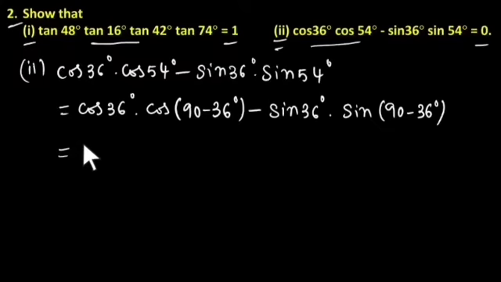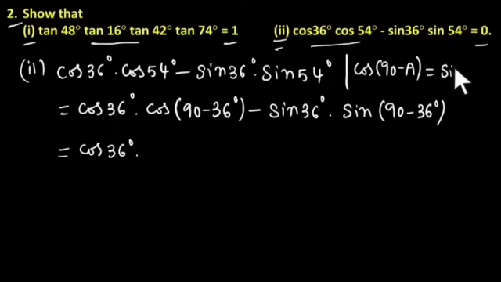That equals to cos 36 degrees. Now we have cos of 90 minus 36. So we apply a formula here, cos 90 minus A. Cos 90 minus A is sin A. So cos of 90 minus 36 becomes sin 36.